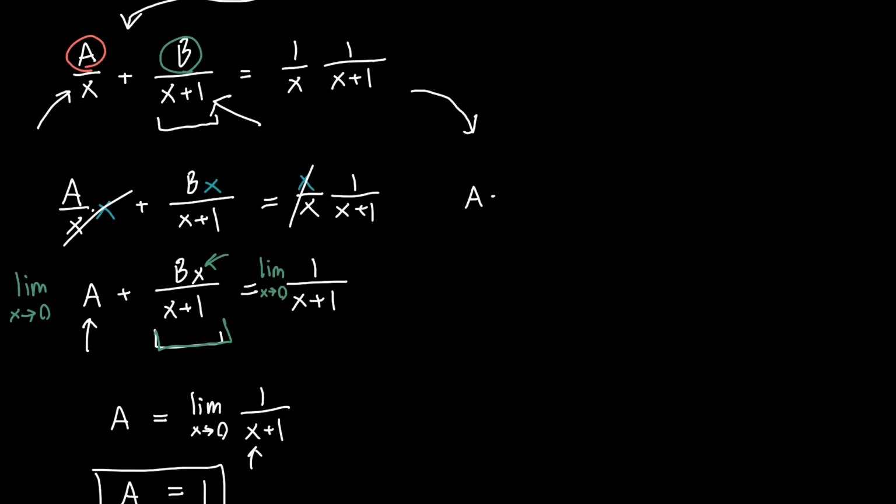So then we've got a times x plus 1 divided by x plus b is equal to 1 over x times x plus 1 over x plus 1. And then this x plus 1 goes away. I'm just going to erase that real quick. I did not mean to erase that 1. And now we just look at this equation. How do we get rid of this term? Well, we want to plug in x is equal to -1.